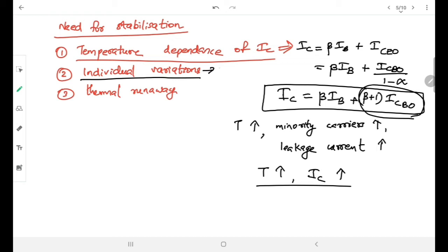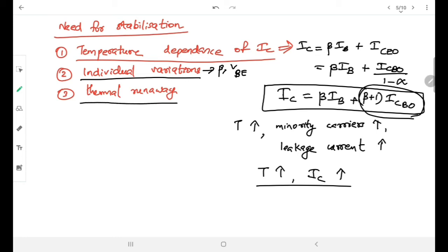Individual variations means variations in the transistor parameters beta and VBE. Transistor parameters beta and VBE are not exactly the same for any two transistors, even of the same type. So when a transistor is replaced by another one, these variations change the operating point, and so we need to stabilize the Q point.